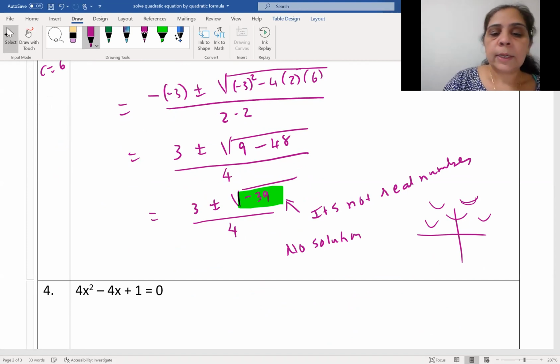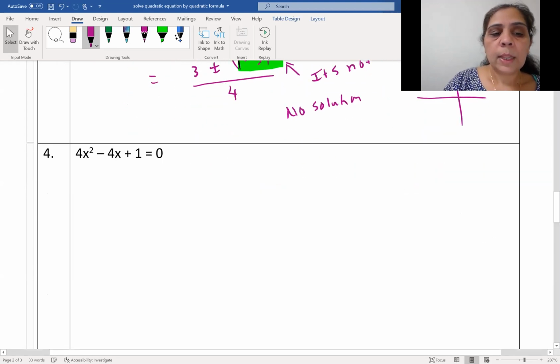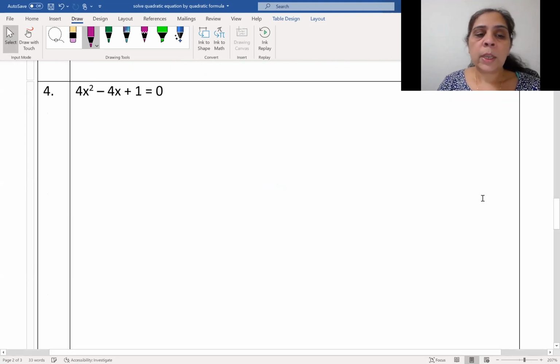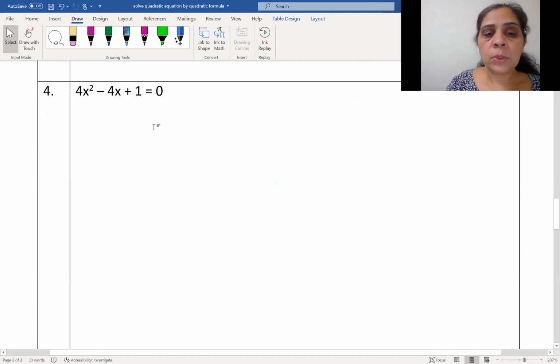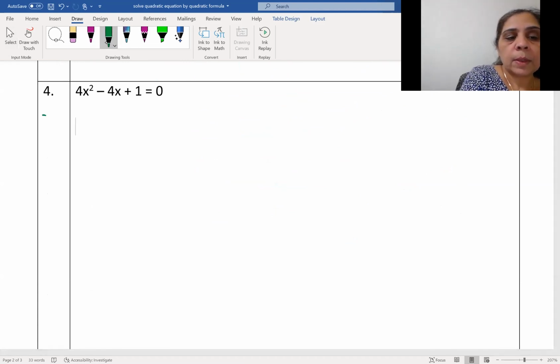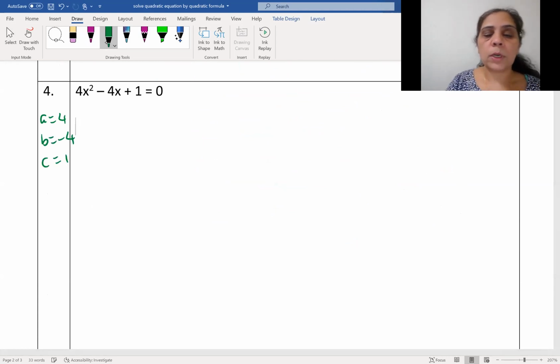All right, let's see the next one here. We have 4x squared minus 4x plus 1 equals 0. So we have to use the quadratic formula. Your A is 4, B is negative 4, and C is 1.